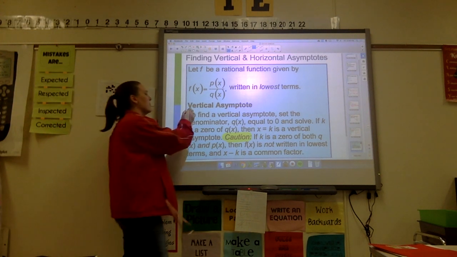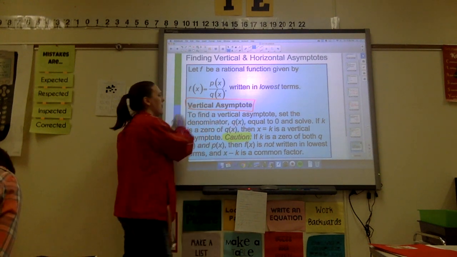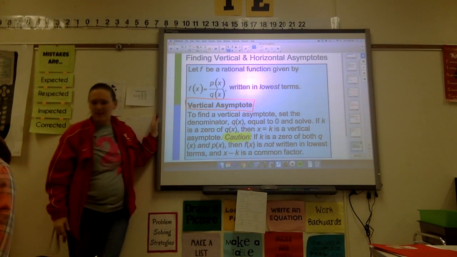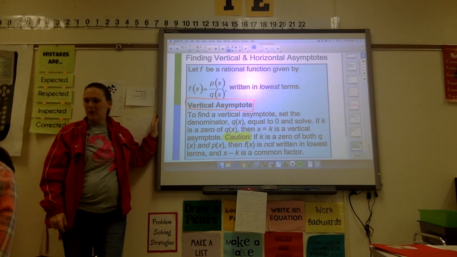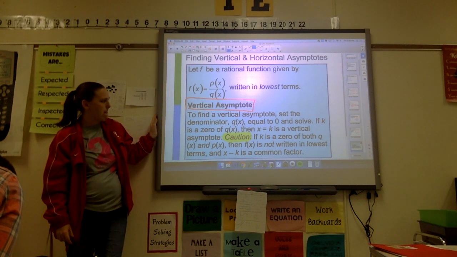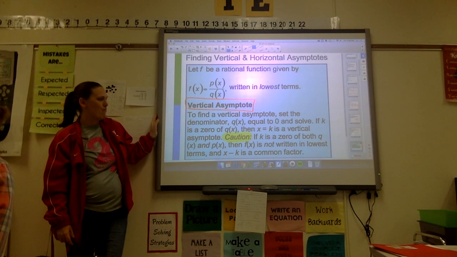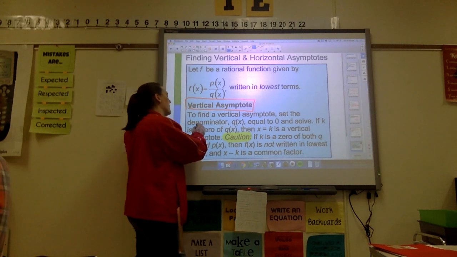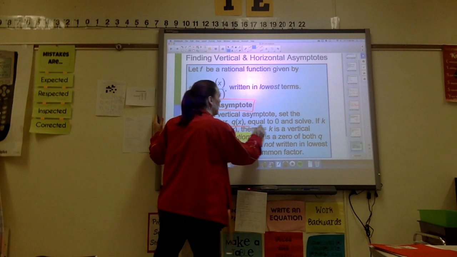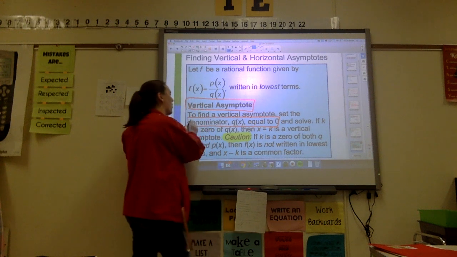So to find a vertical asymptote, go ahead and read through that and see if that makes sense to you. How do we find a vertical asymptote? We set the denominator equal to 0 and solve.